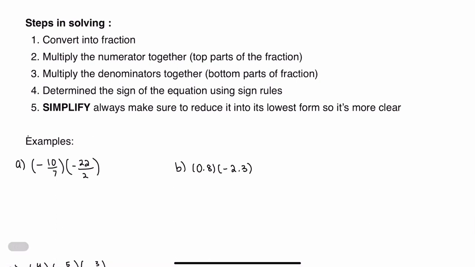So the first step is you convert into fractions. So let's say you have 1.5. To make your life easier, this is simply 3 over 2. Next, we multiply the numerators together. So this is going to be the top part.